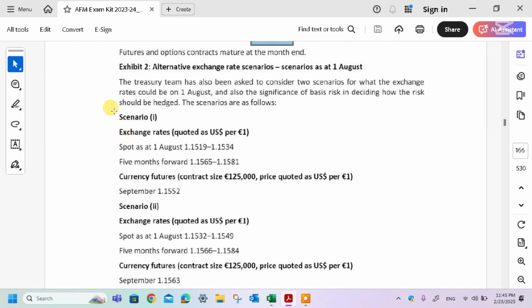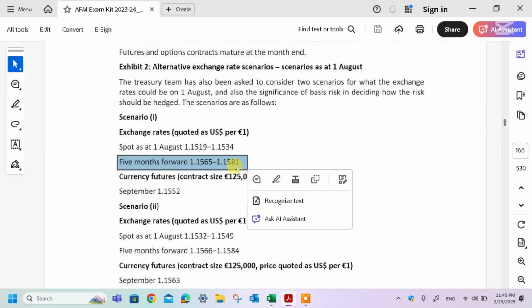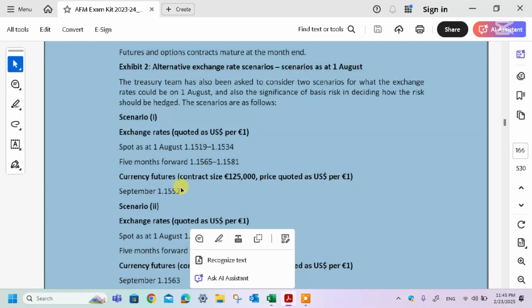What is scenario 1? The spot rate is this on that day. The 5-month forward: look, on 1st of August, what is the 5-month forward? It doesn't matter to me. If somebody is going to enter into an agreement for a 5-month forward from 1st of August, that doesn't matter to me. Leave that. Currency futures prices are given to us.